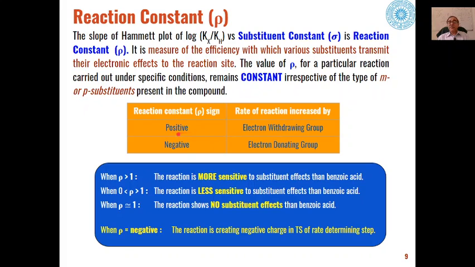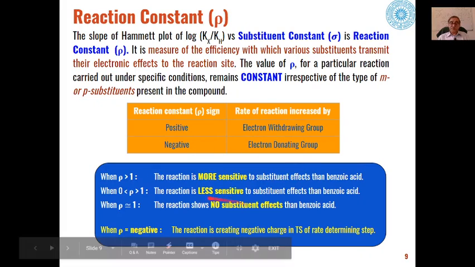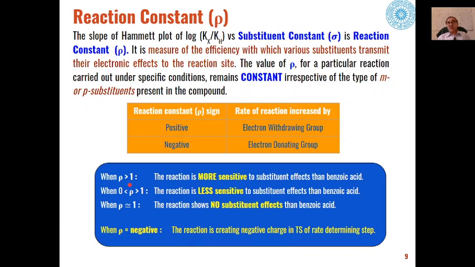So the value will be positive in case of electron withdrawing groups, and it will be negative in case of electron donating groups. Under different conditions, when the value of rho, that is reaction constant, is more than 1, the reaction will be more sensitive to substituent effects than benzoic acid. Benzoic acid means unsubstituted acid.